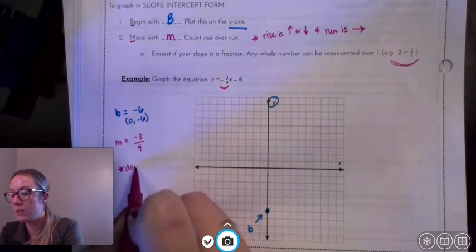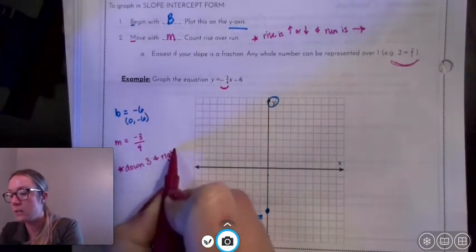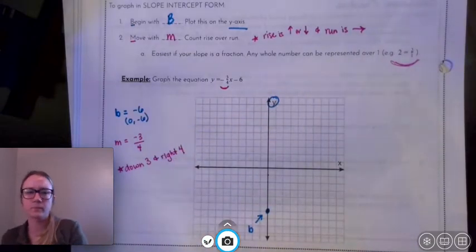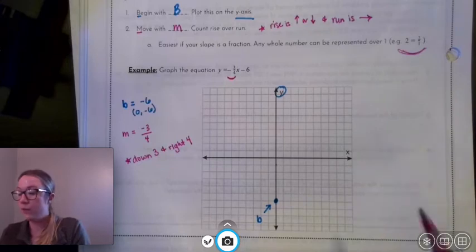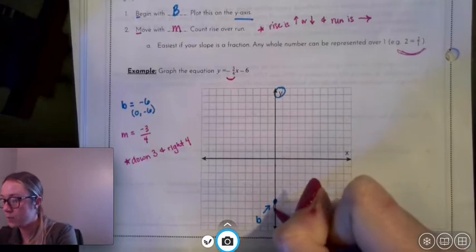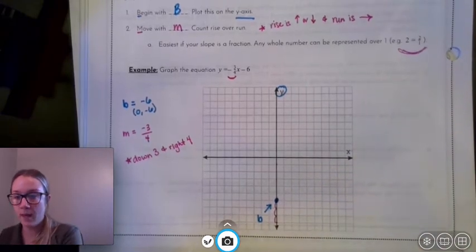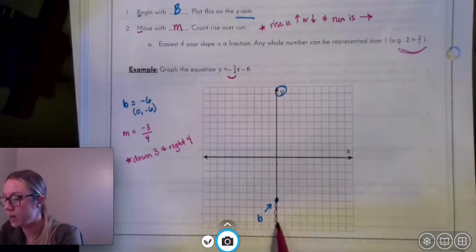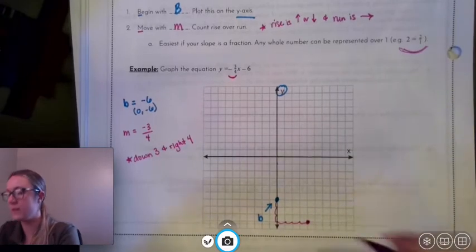So I'm going to go down 3 and right 4. So from the point I already put on my graph, I'm going to go down 3, right 4. So down 1, 2, 3, and then right 4 from where I left off. So 1, 2, 3, 4. And then I can put a point right there.